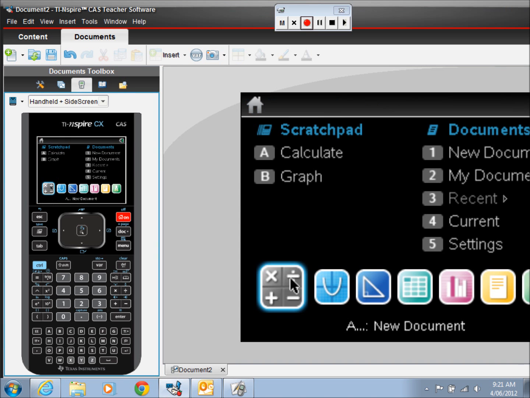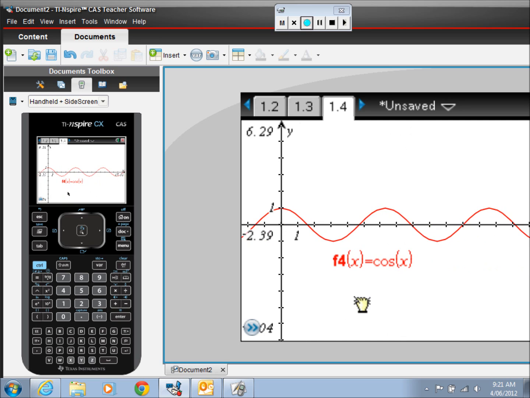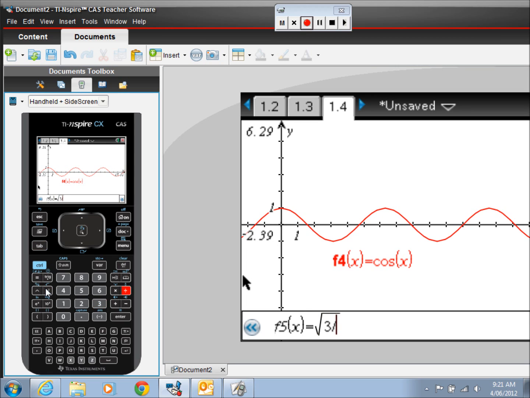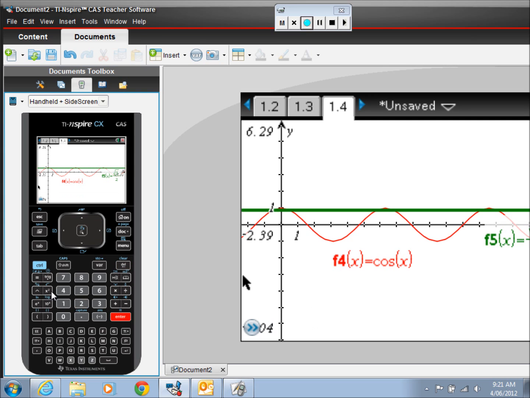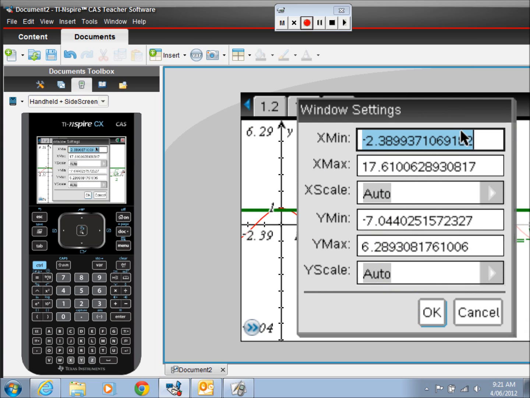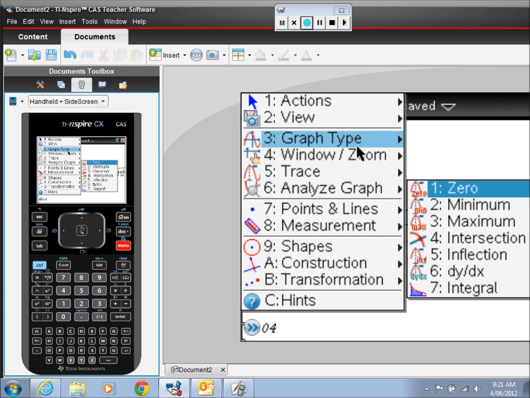So I'll just start a new one. If we're looking at cos x, and I'm not going to worry about zooming in or anything like that, we're doing root 3 on 2, and I might need to zoom in because it's a bit hard to see, so I'm going to just look from 0 to 2 pi and then do a zoom fit.